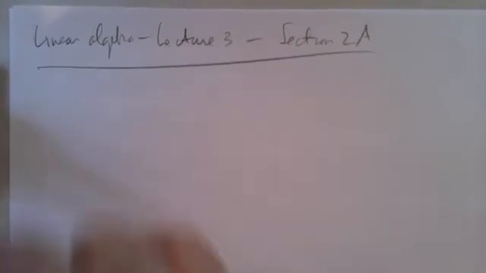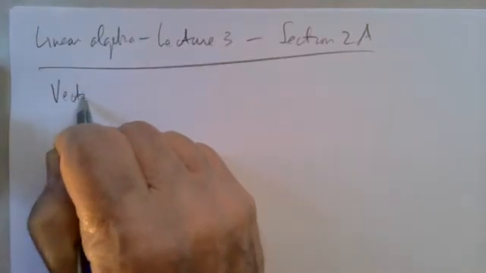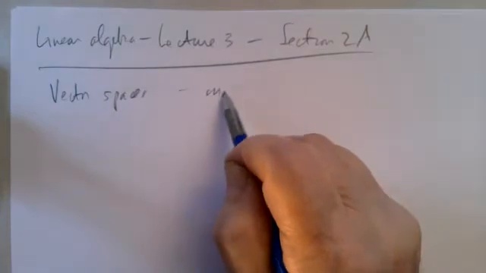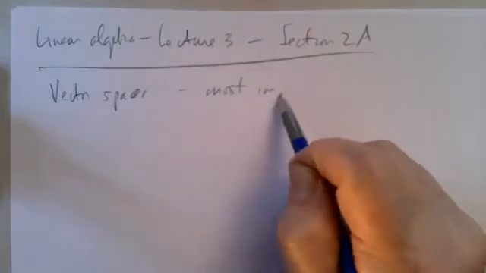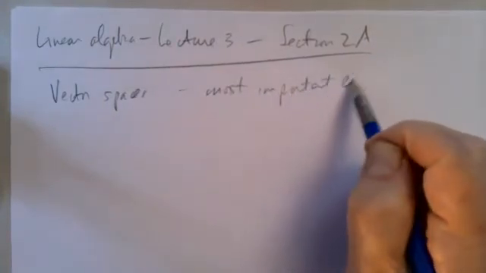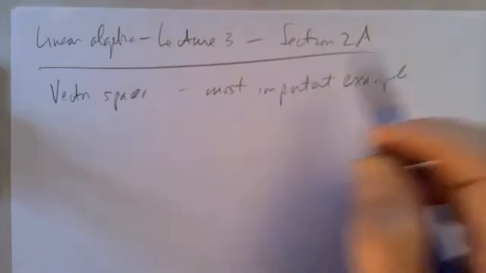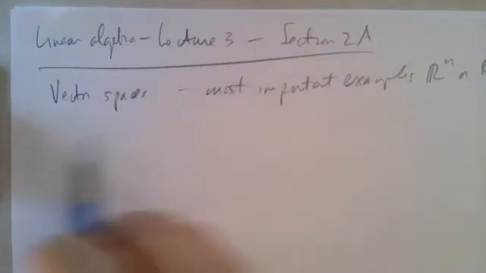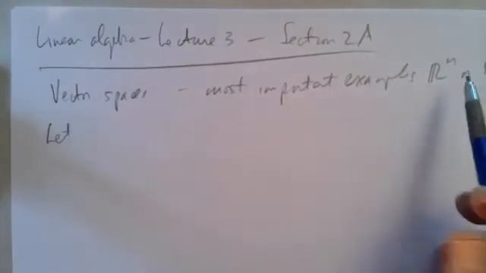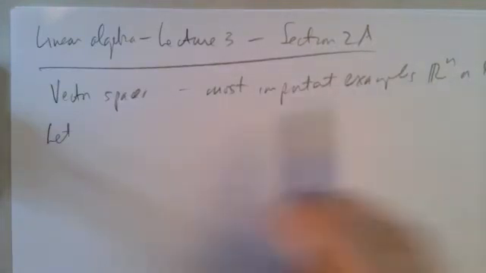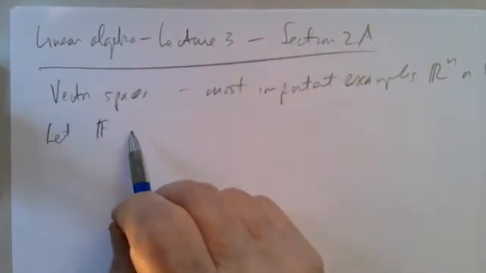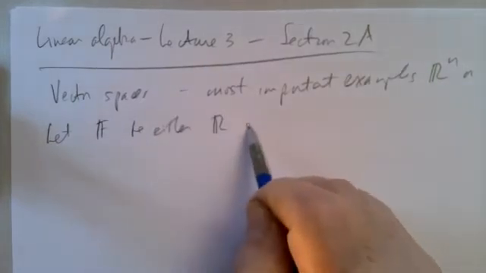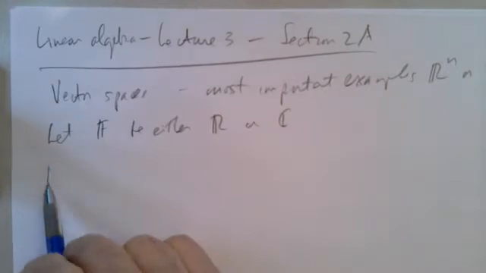Excellent. So we're talking about vector spaces. And the most important example is Rn or Cn. And so I don't have to write down everything twice, let F be either the real numbers or the complex numbers.